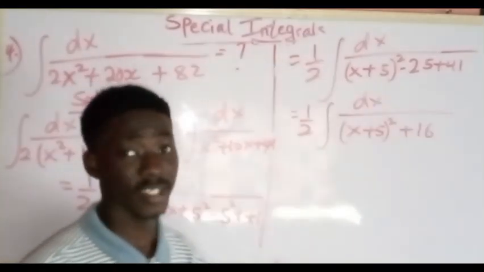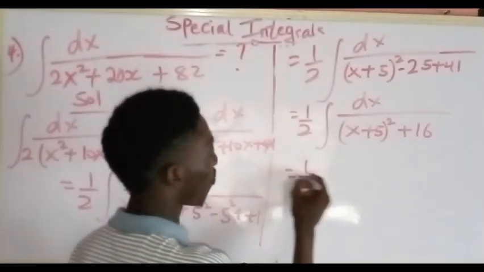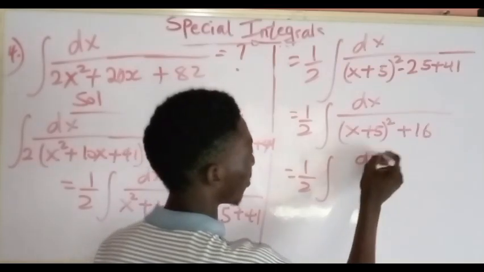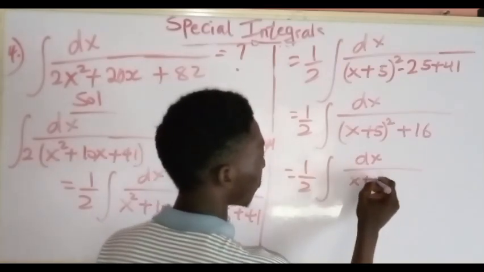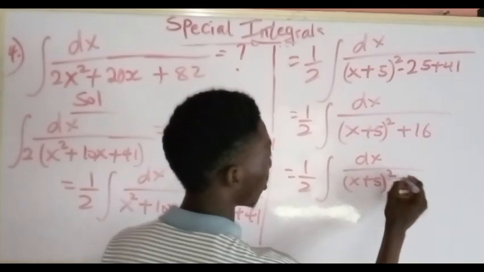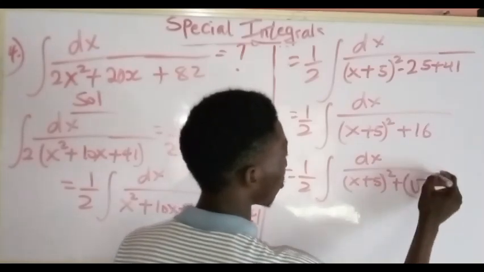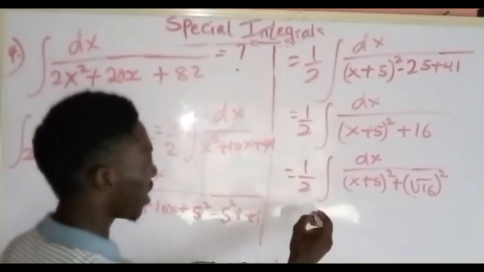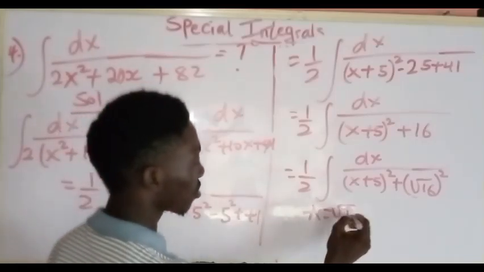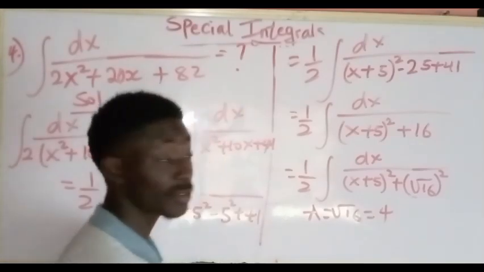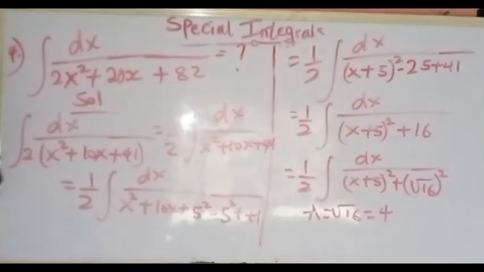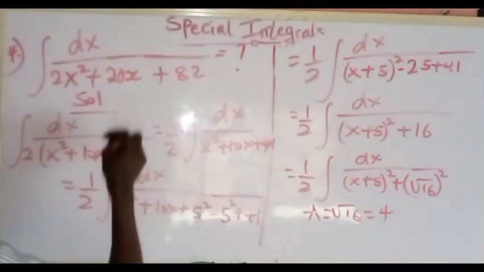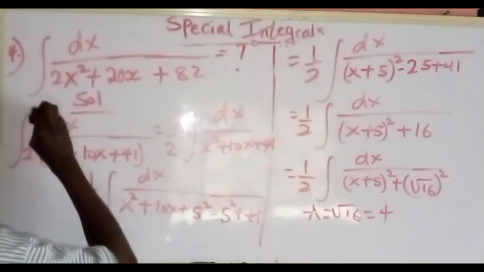Minus 25 plus 41 is 16. Then that gives us 1 over 2 the integral of dx over (x plus 5) squared plus square root of 16 all squared. You can see my a here will be the square root of 16, and that is actually 4 because 16 is a perfect square number.